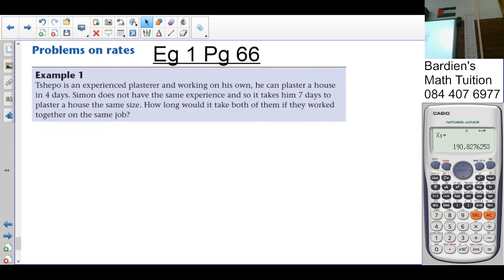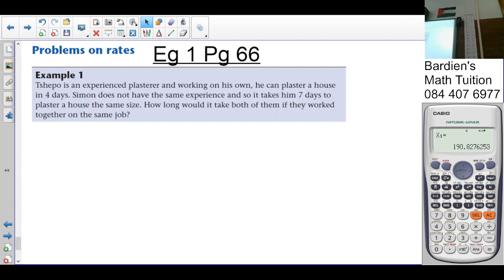When working on his own, he can plaster a house in 4 days. Simon does not have the same experience, which is less experience than the first plasterer, and it takes him 7 days to plaster a house of the same size. How long will it take for both of them if they work together on the same job?